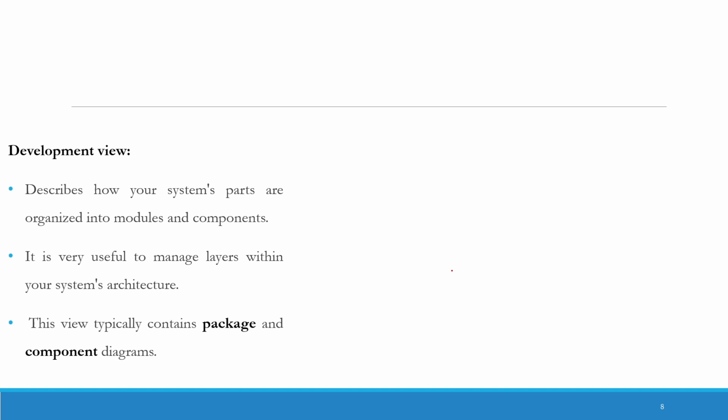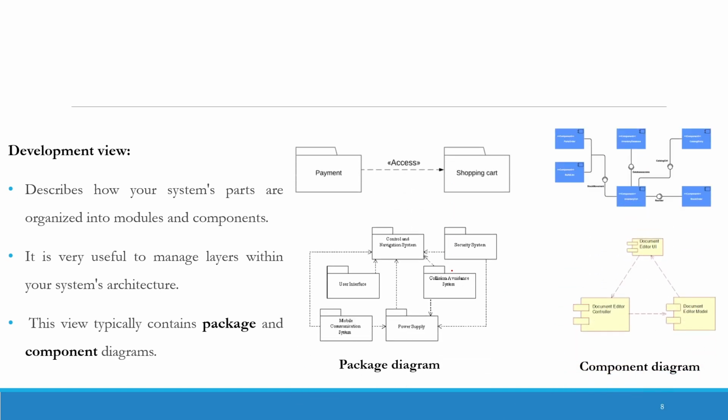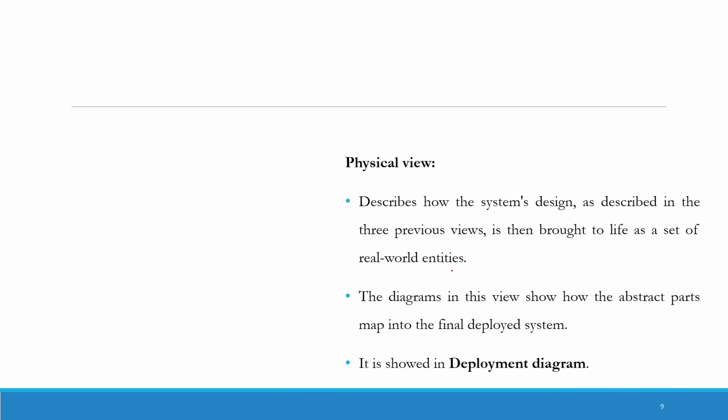This development view will describe how those parts and structures will be mapped into modules as well as components. So it is very useful to manage the layers within the system's architecture. Basically, this view is depicted by the package and component diagrams.